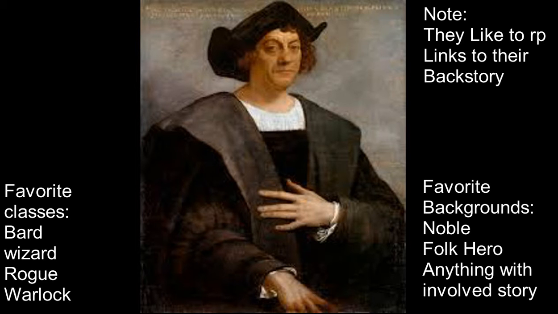So one of the best ones for these is the noble, but you can also go with folk hero, and you can go with just about any of them, but you will often never see them playing things like the Hermit. And that is because the Hermit was likely not as involved with the world.